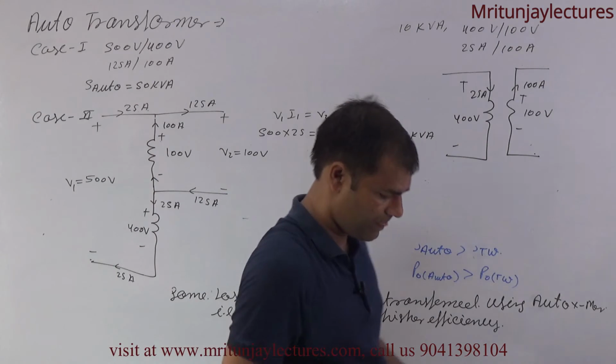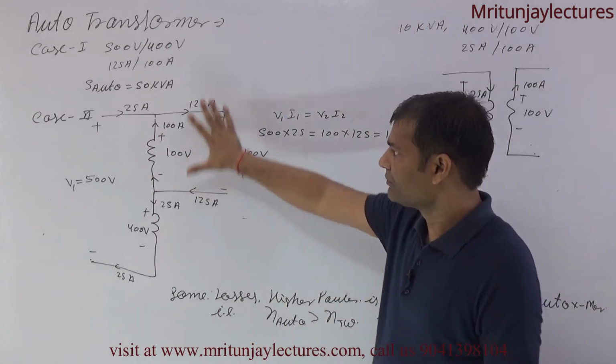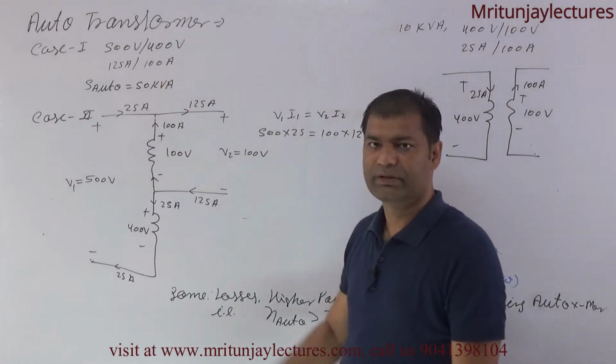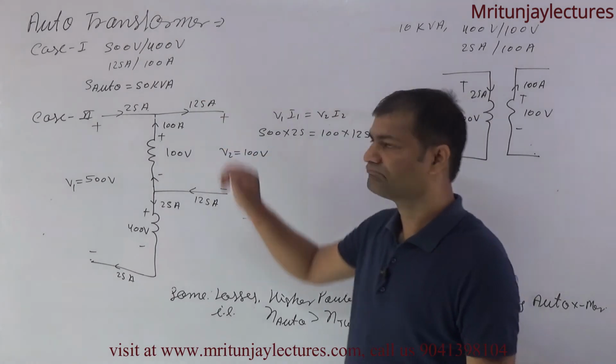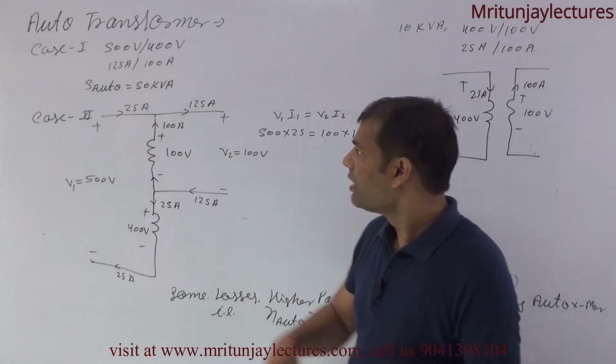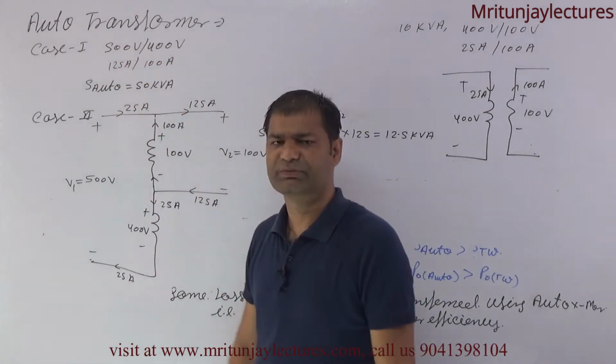in both the first case and second case, what about auto transformer rating? They are different. It means connection changes, VA rating changes. Input 400, output like this one, or input this one and output this one.